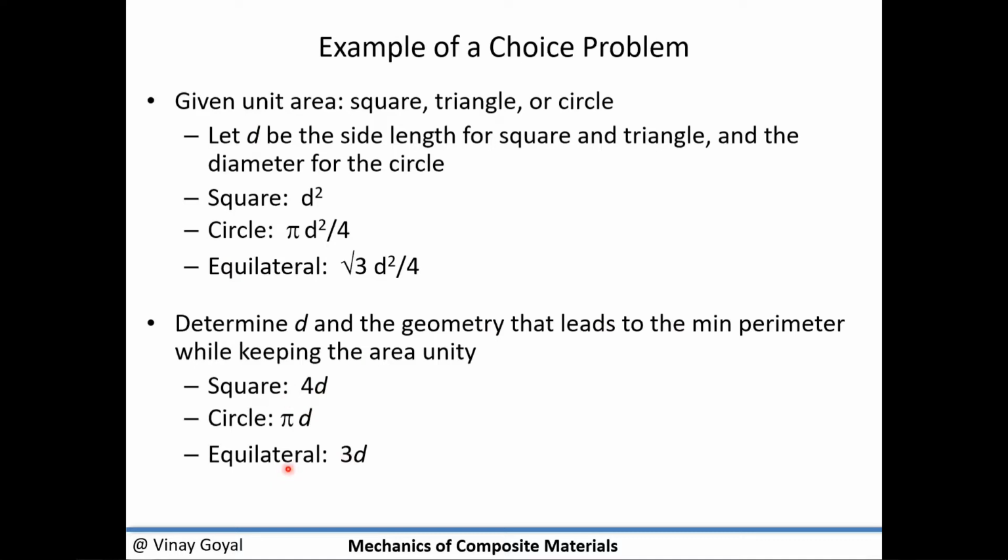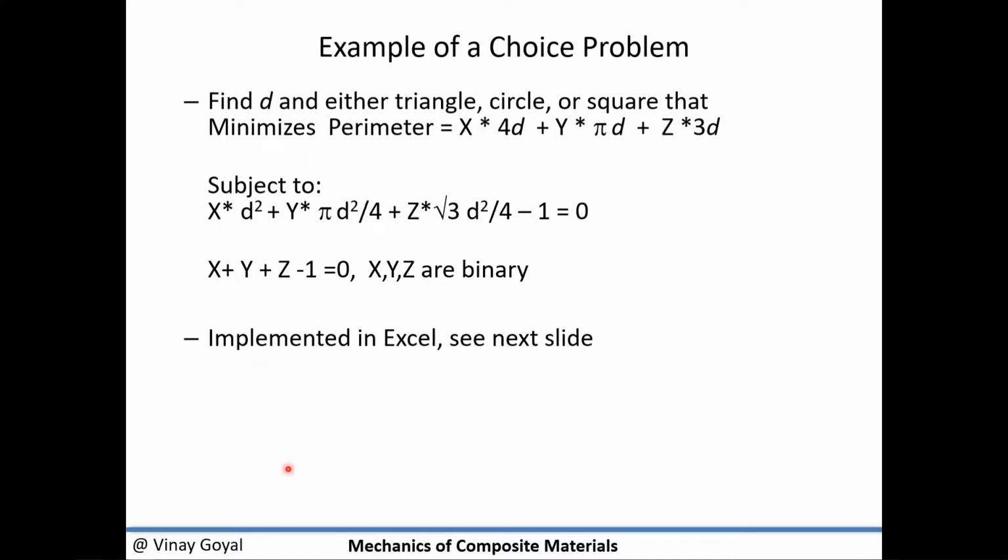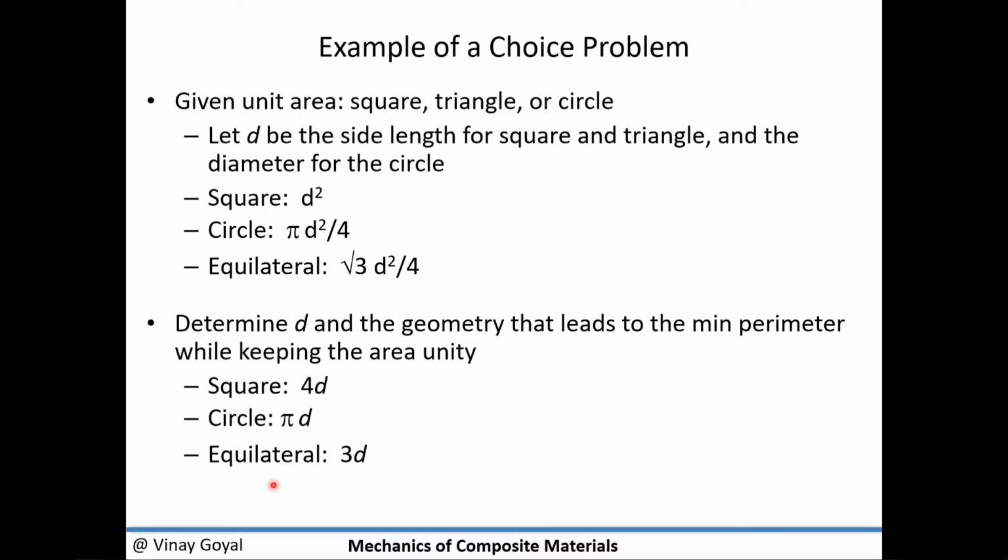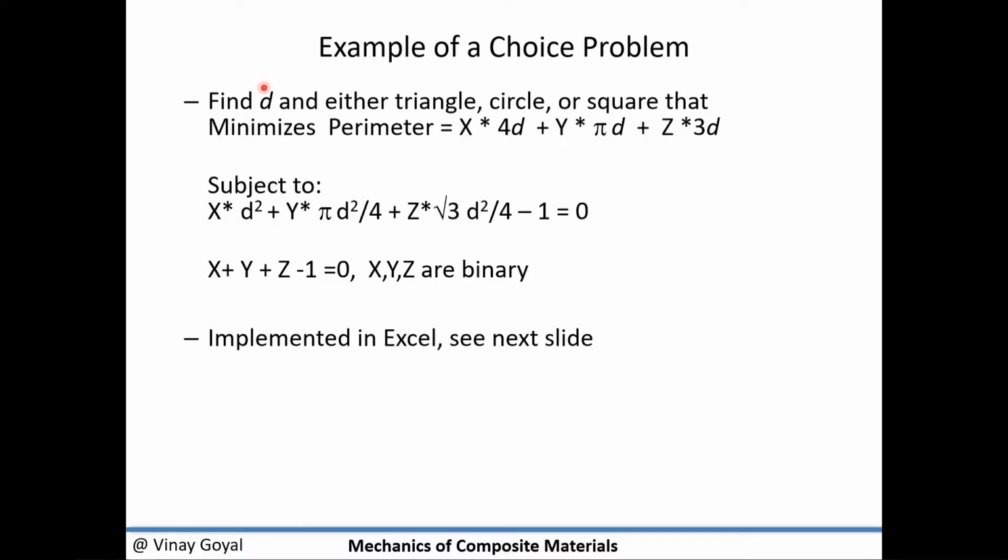So that becomes a choice problem. How can I put this into an optimization problem? We want to find D, and either triangular, circular, or square makes that happen. So minimize the perimeter, which is equal to x times 4D plus y times pi D plus z times 3D, because I want to minimize the perimeter. I'm adding them all up. And it's subject to the fact that the area of each of those geometries times x, y, and z, all added up, minus 1 equals 0.